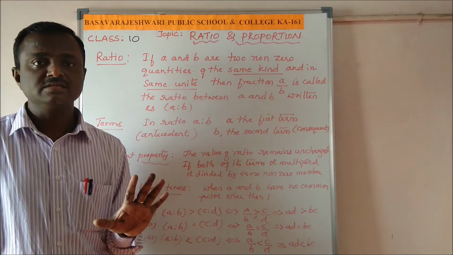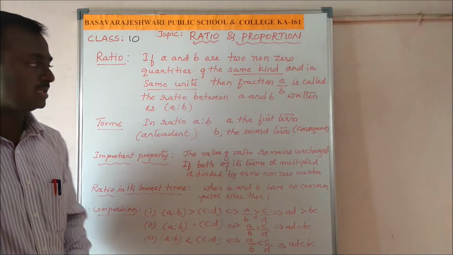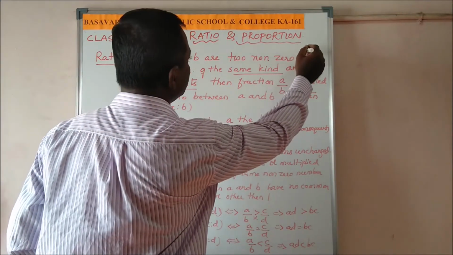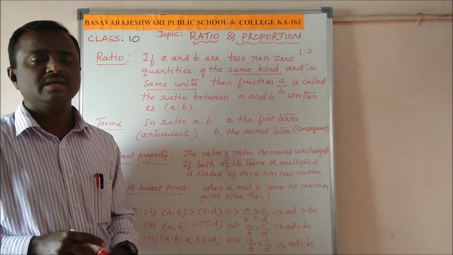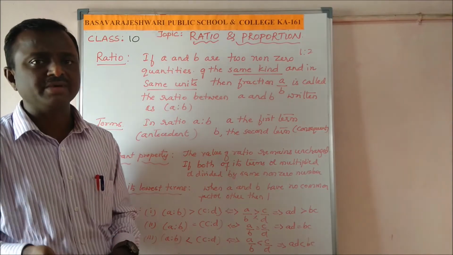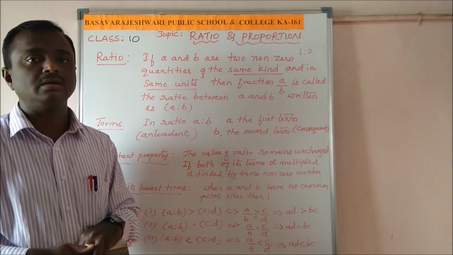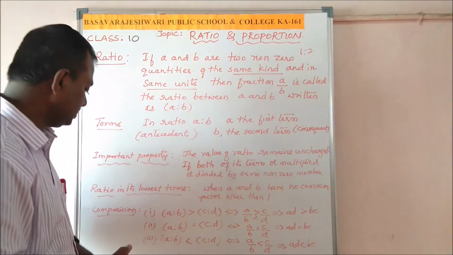In such case, we can say that the ratio is in its lowest term. For example, 1 is to 2. We cannot divide these two terms of the ratio with any other number except 1, isn't it? So such ratios are called the ratio in its lowest terms.